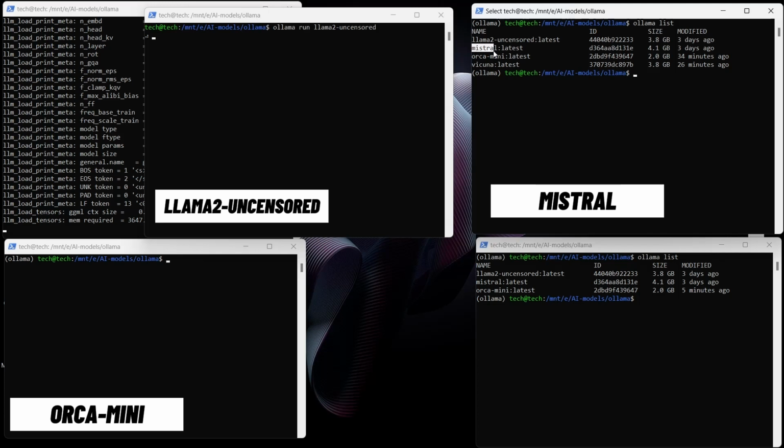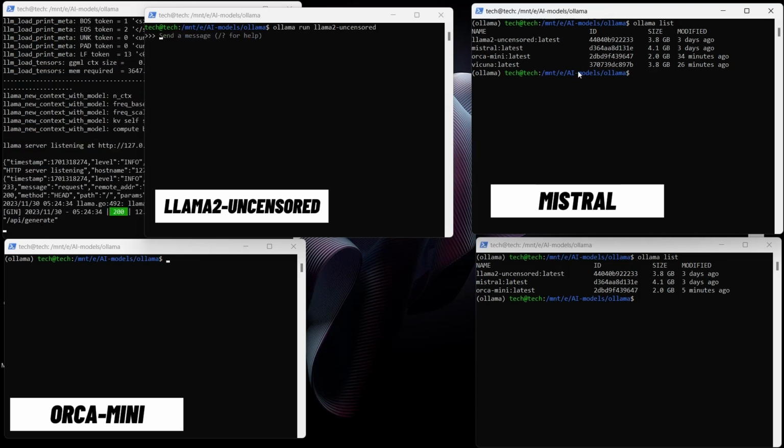So just keep in mind this configuration, because I'm not going to move those screens. So you'll be able to see how they differ in the answers. And on the bottom right, we're going to get the model Vicuña running.